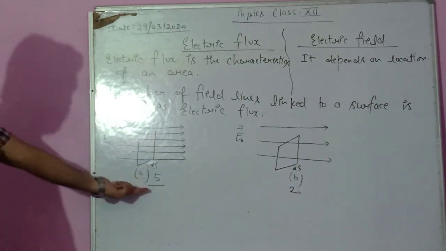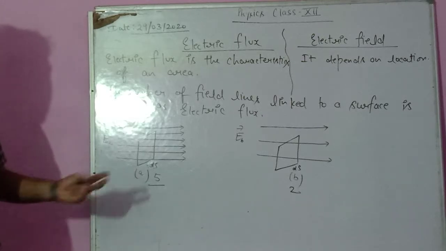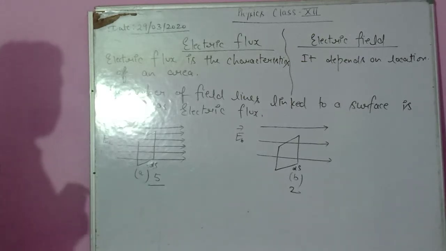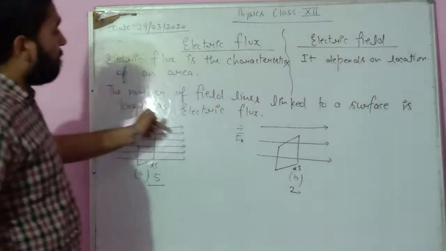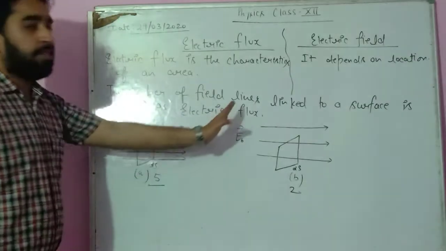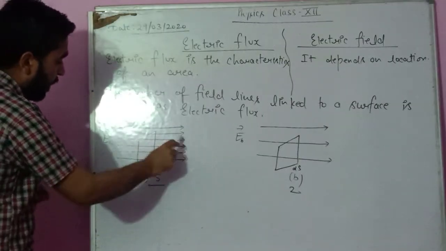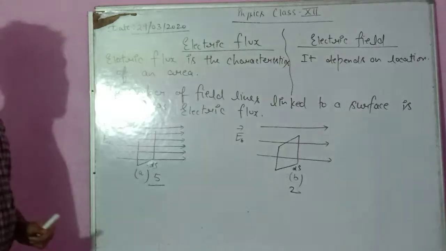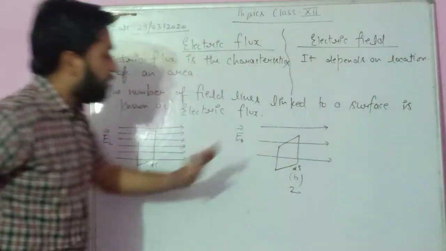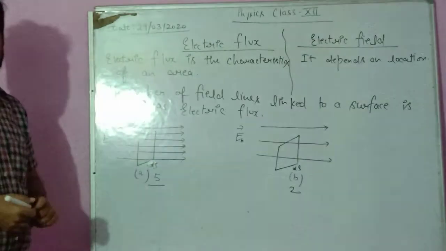We can simply say that figure A has more flux. How do we define it? I have already written the definition: the number of field lines linked to a surface is known as electric flux. Here it is very great, and here it is very small.